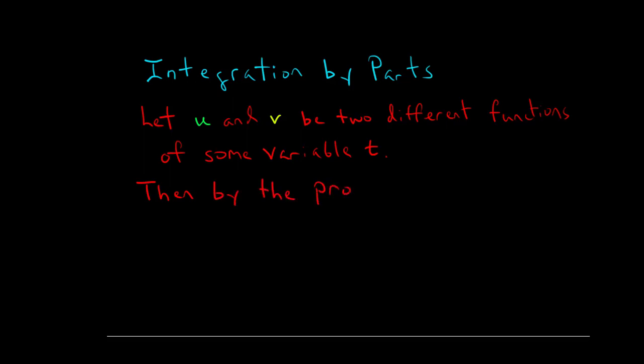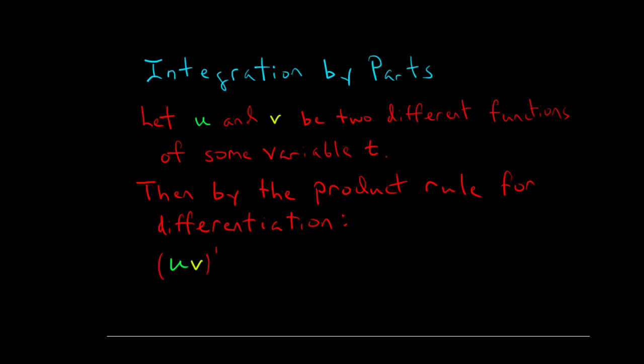And then, by the product rule for derivatives, which we learned early in calculus, the product rule says, if I have a function which is really the product of two functions, say u and v, multiplied together, if I take that derivative, (uv)' equals u' times v plus v' times u. In other words, the derivative of the product of two functions equals the derivative of the first function times the second function plus the second function times the derivative of the first.